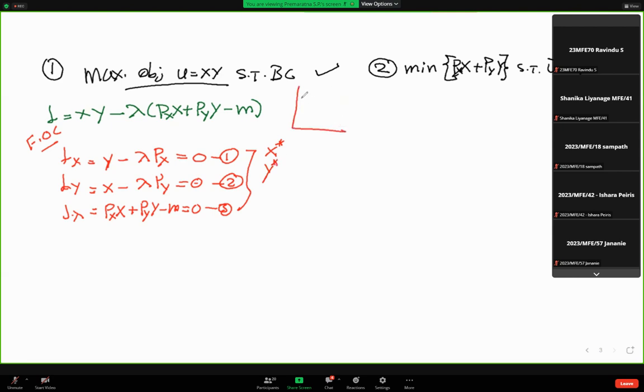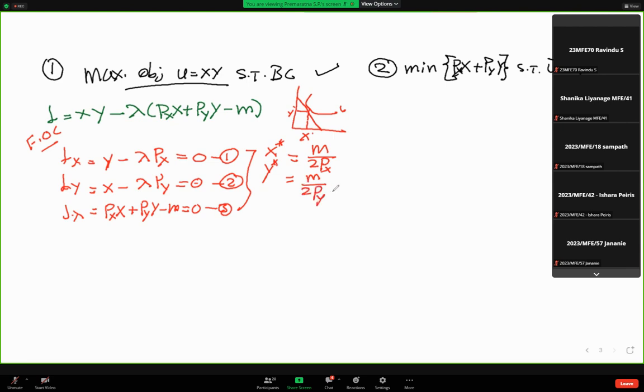If you visualize this optimal value, of course, we have the result we got here, m divided by 2px and m divided by 2py.